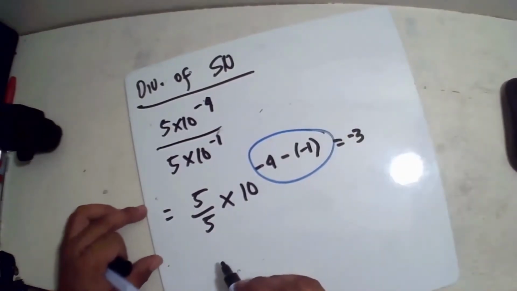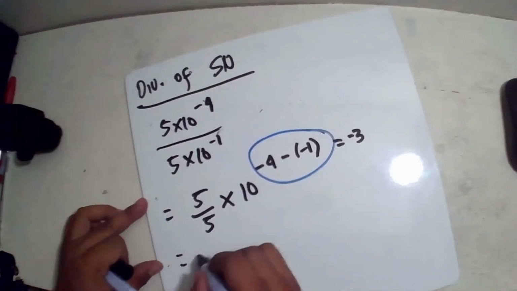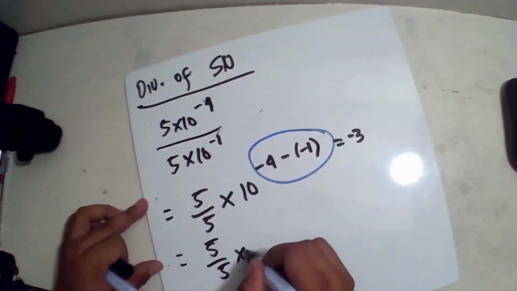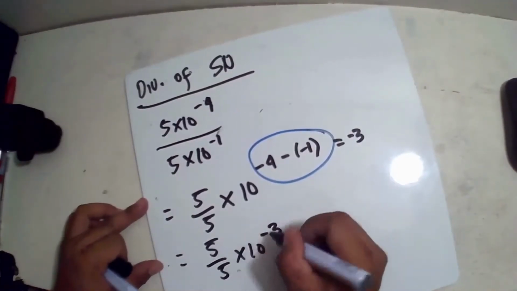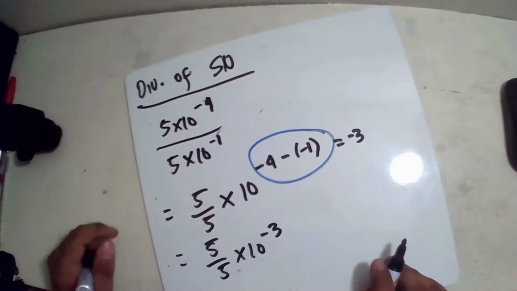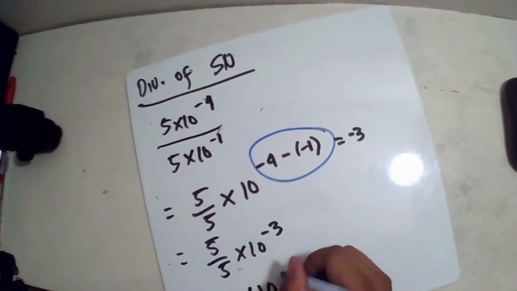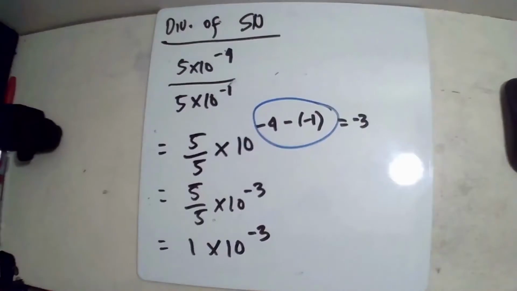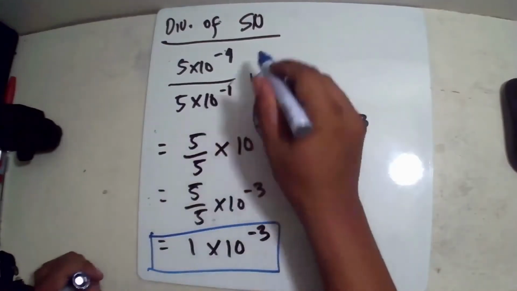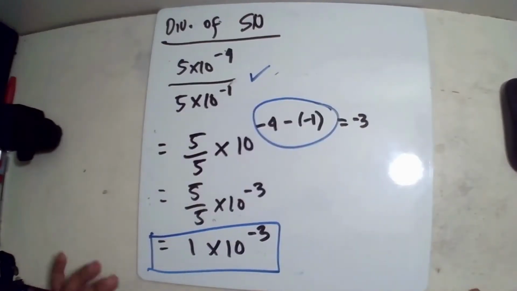So the result is 5 over 5 times 10 raised to negative 3, which equals 1 times 10 raised to negative 3. This is now the answer for this problem. You can pause the video and copy this solution.